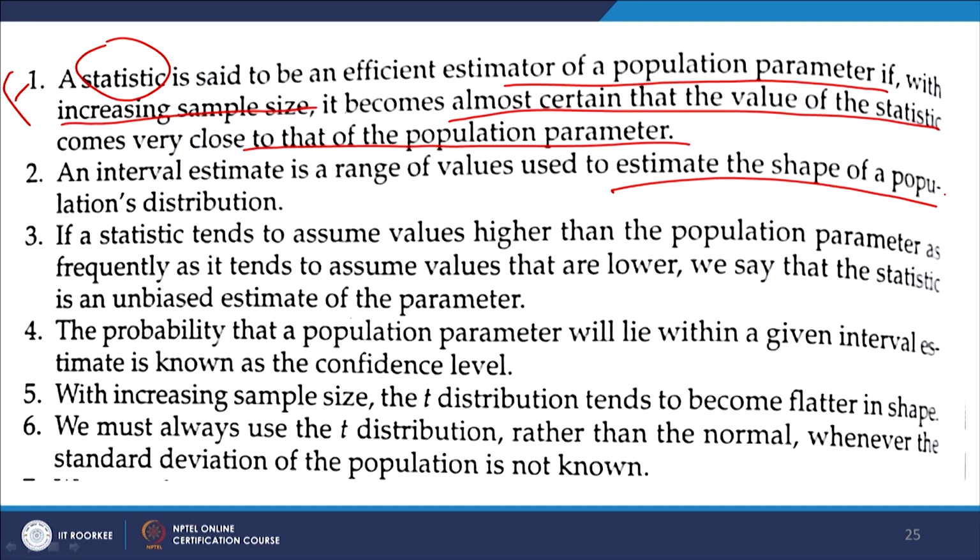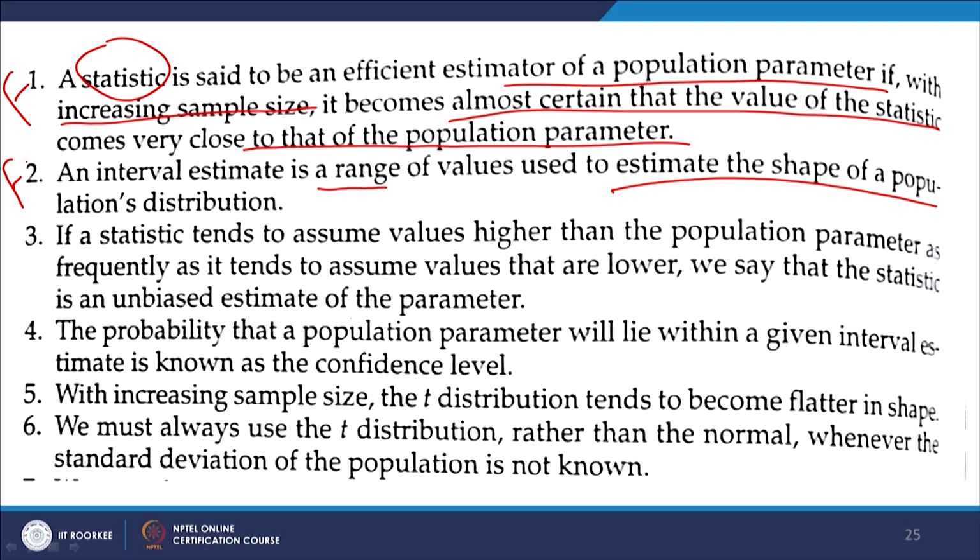Do we use this interval, or the range, to estimate the shape of the population distribution? No, this is false. We do not use a range or interval estimate to estimate the shape of the population distribution, but we estimate a population parameter, right.